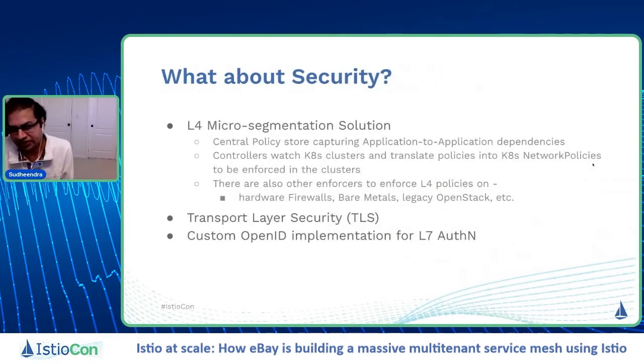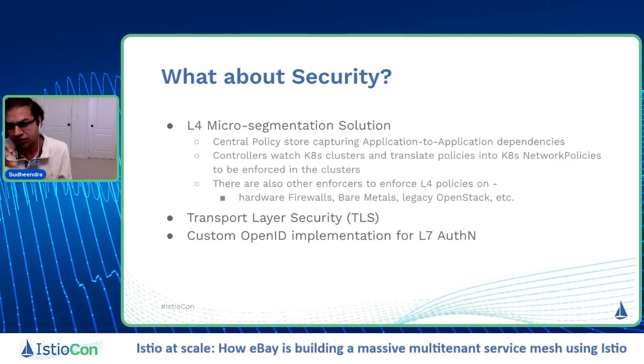So what about the security? We have an L4 microsegmentation solution, which essentially has a central policy store that's capturing primarily dependencies from application to application. And we have a set of controllers that watch all the Kubernetes clusters, and they translate these application to application dependencies into Kubernetes network policies, and push the network policies.